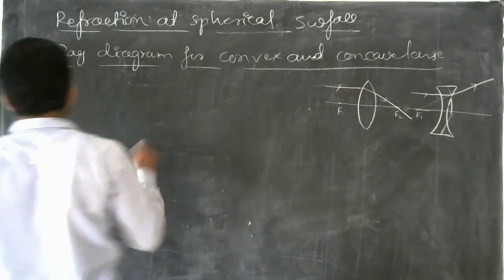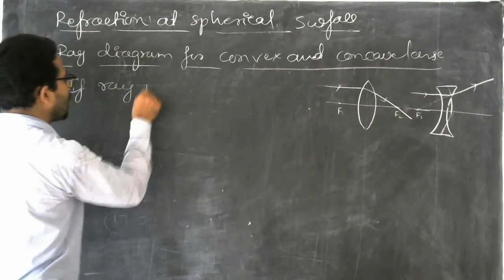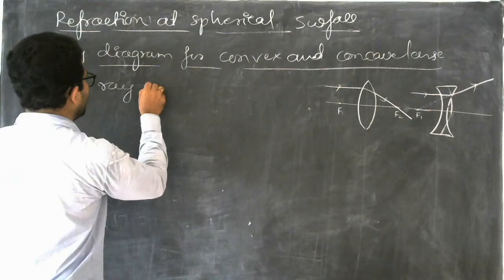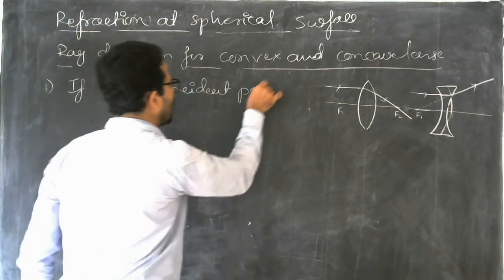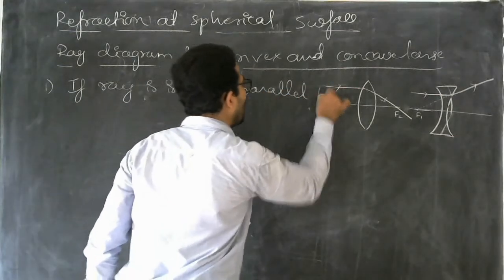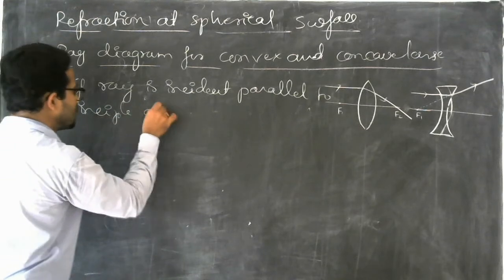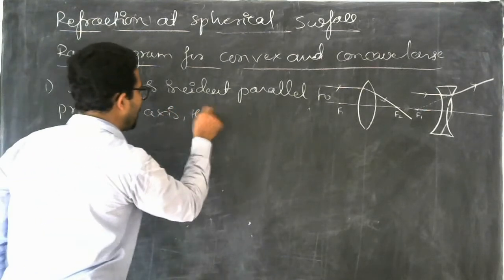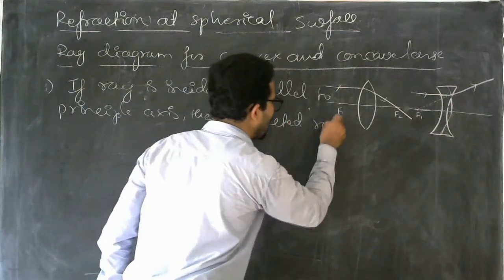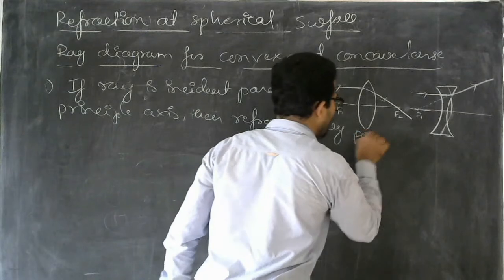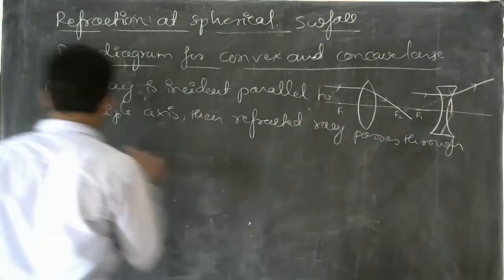Now let's write the first point. If a ray is incident parallel to the principal axis, then the refracted ray passes through the second focal point.